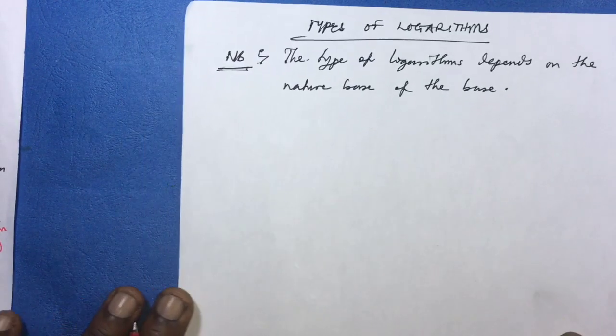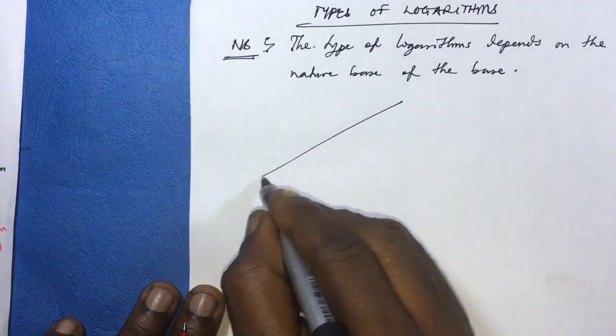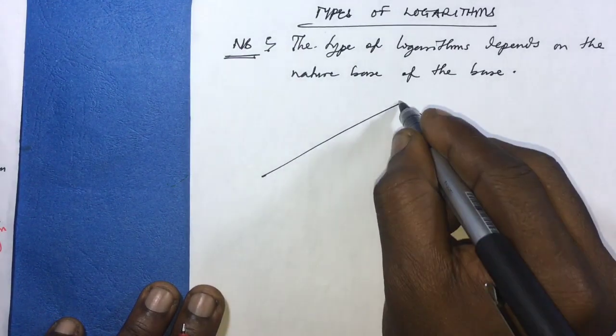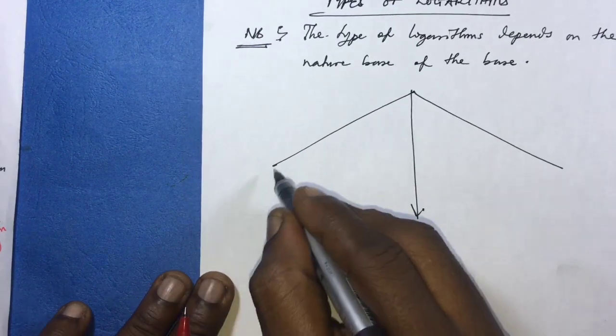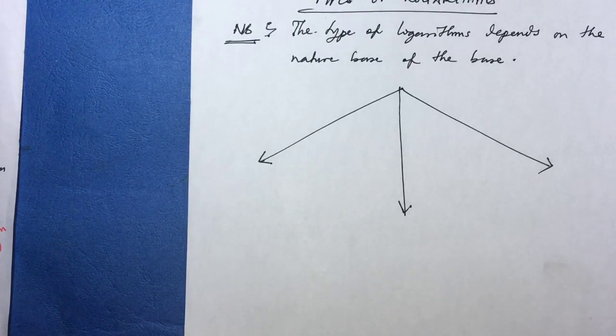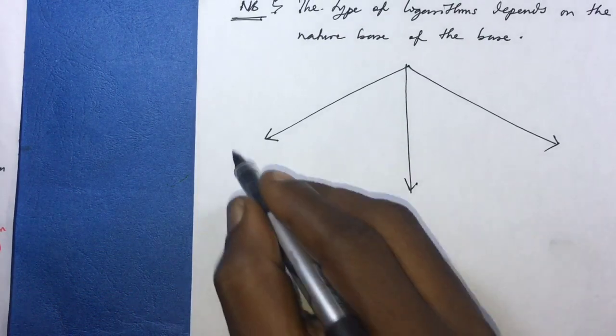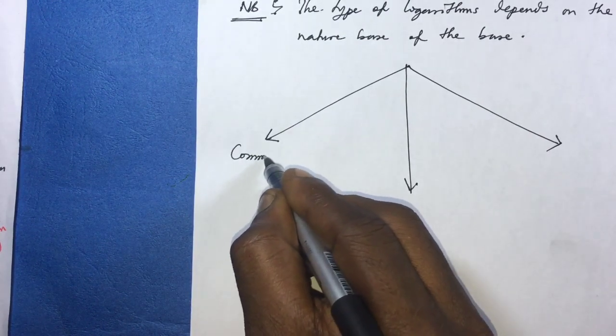So for that reason, there are three types of base I'm going to categorize the logarithm of numbers into. So there are three types of logarithm. The first type of logarithm is called common logarithm.